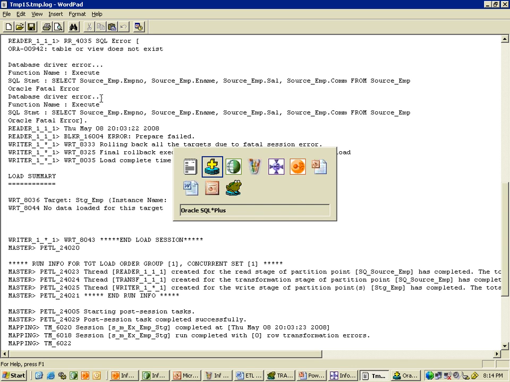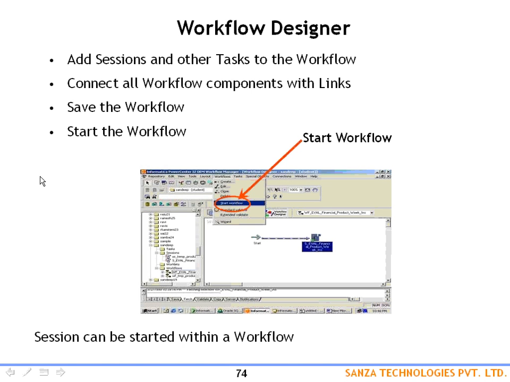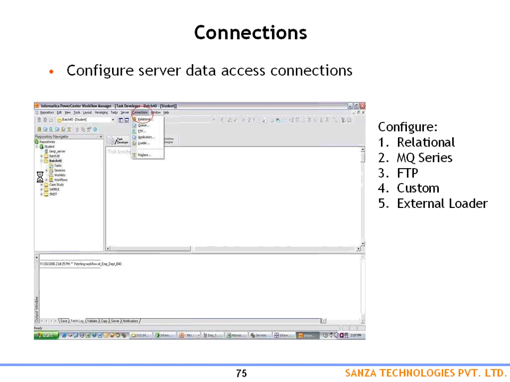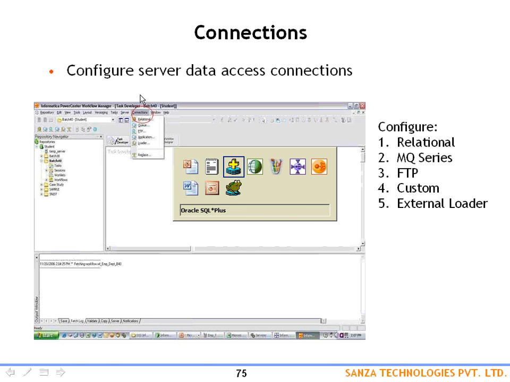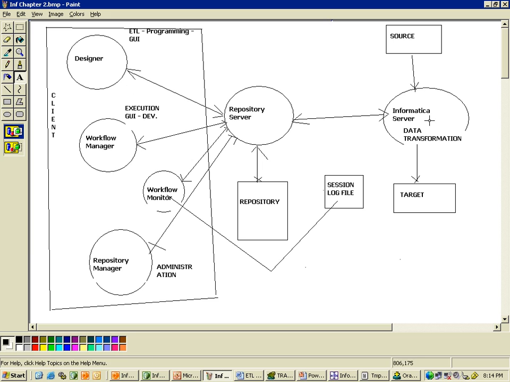So we need to create what we call it as connections. We should tell Informatica that you need to connect to that database. For Informatica server, it needs information about where that source_emp table is there.